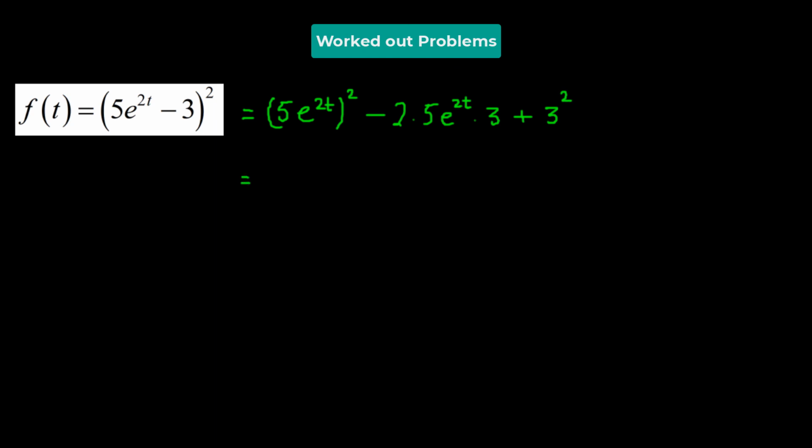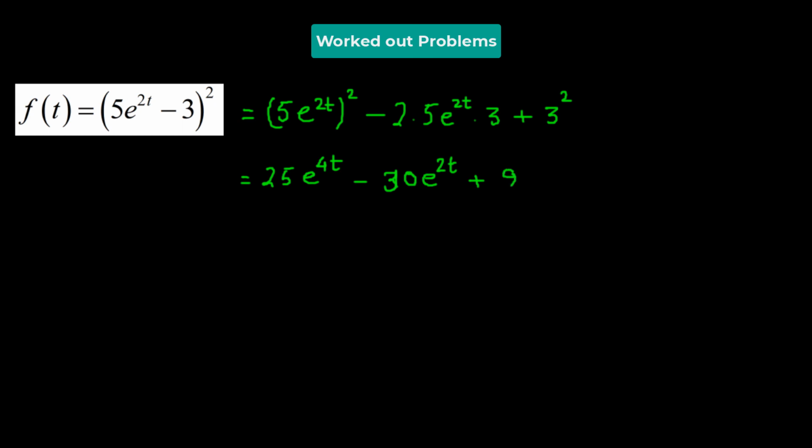That will be 5 squared, which is 25, times e raised to the power of 2t times 2, so that will be 4t, minus 2 times 5, which is 10, so we have 10 times e raised to the power of 2t, and then times 3, so that will be 30, plus 3 squared, which is 9.